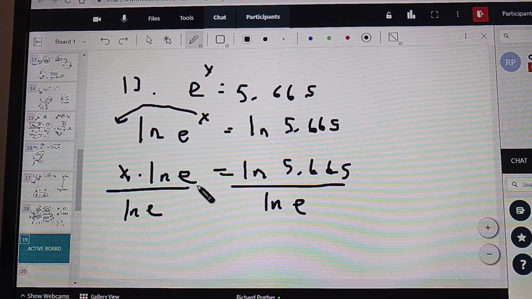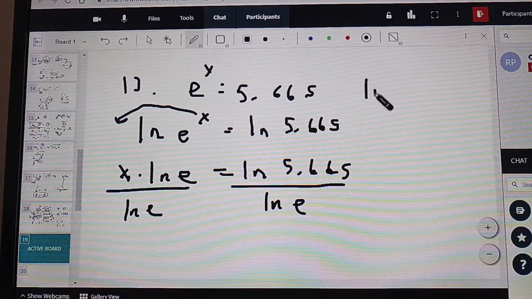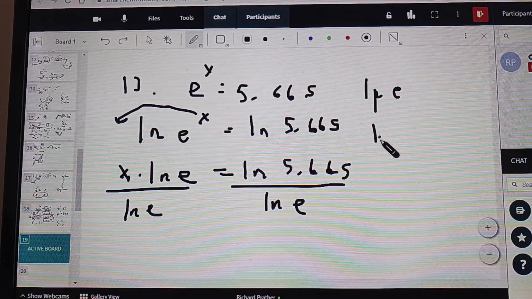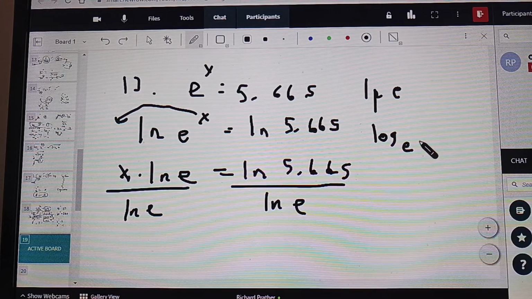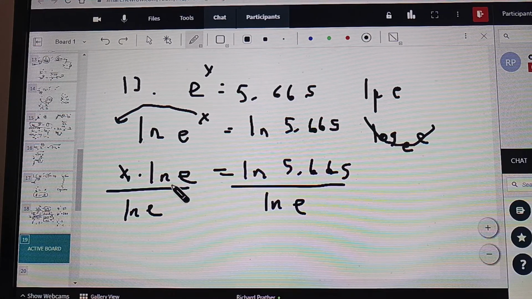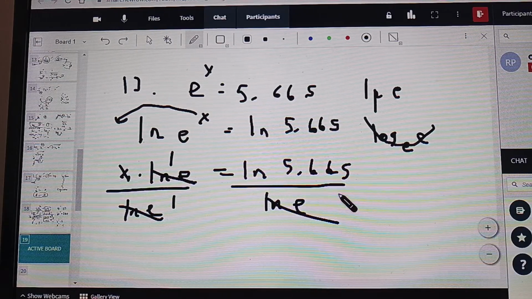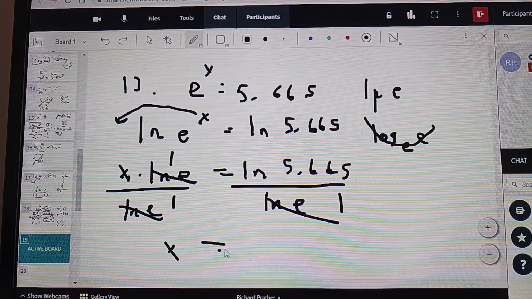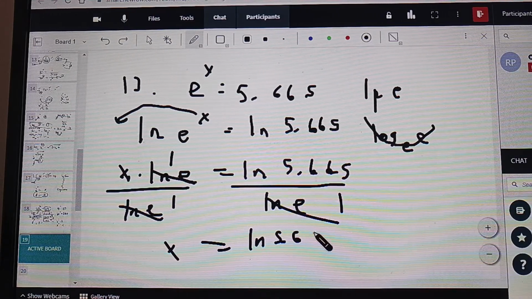But it turns out, remember ln e? ln e is the same thing as log base e of e. That just all cancels out. That's equal to 1. So then if you realize this was 1 right here, you wouldn't have to divide by anything. You would have just had this at that point.